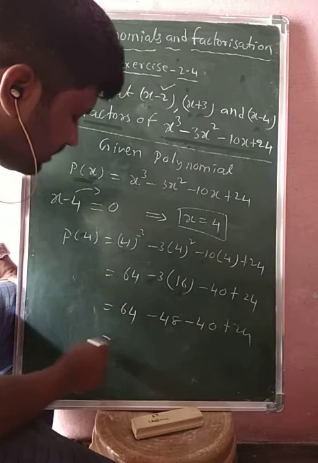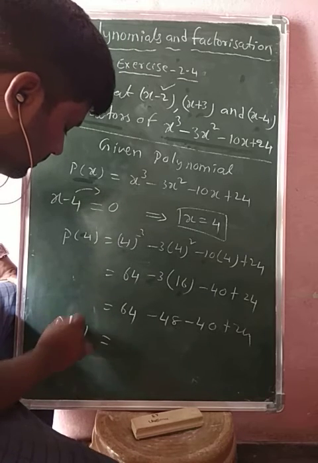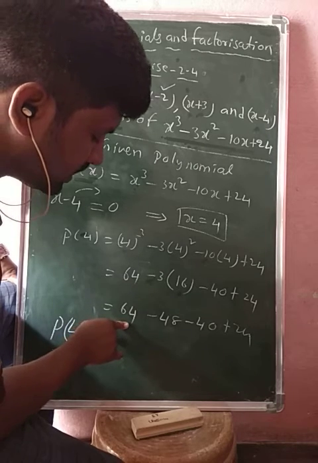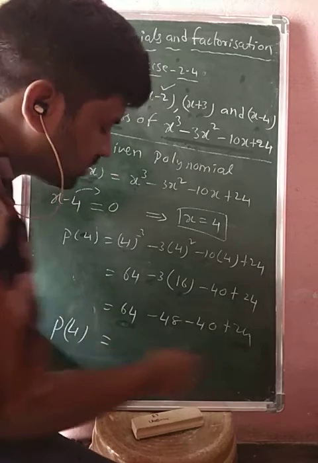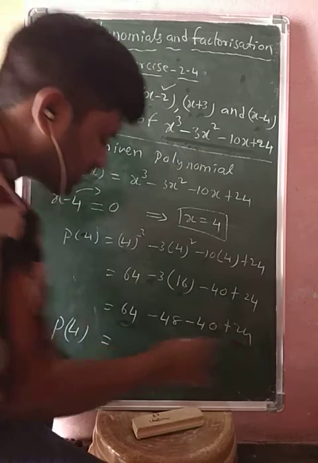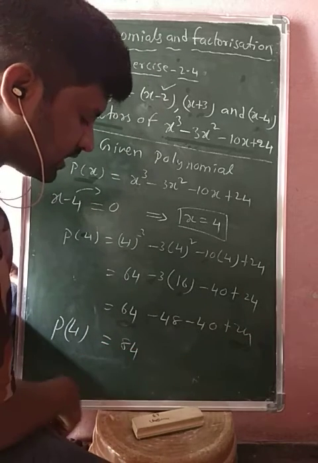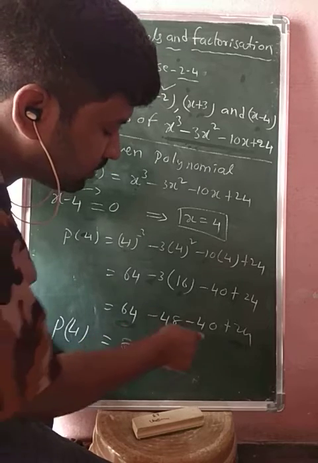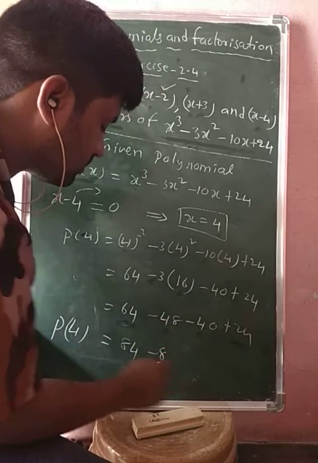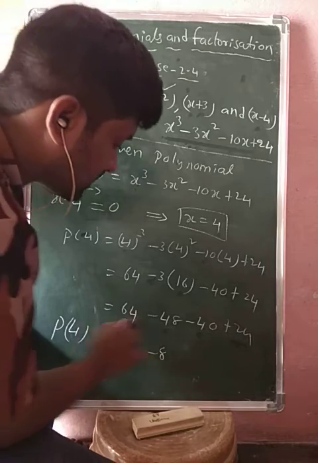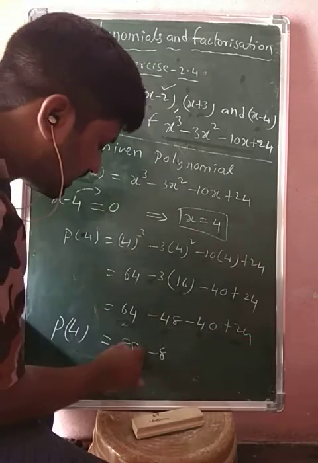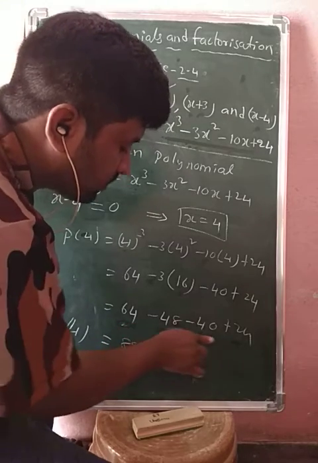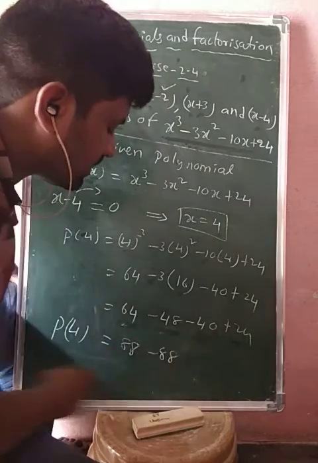Here P of 4 is equals to plus 64 plus 24, that is plus 88, minus 48 minus 40, that is minus 88.